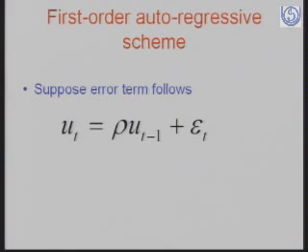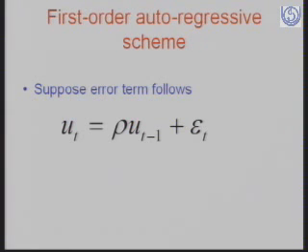Here, suppose epsilon t is a normal error term. Suppose u_t is the error term for a particular equation, in the regression model, for a particular observation. This u_t is not independent of u_(t-1), the error in the previous time period.